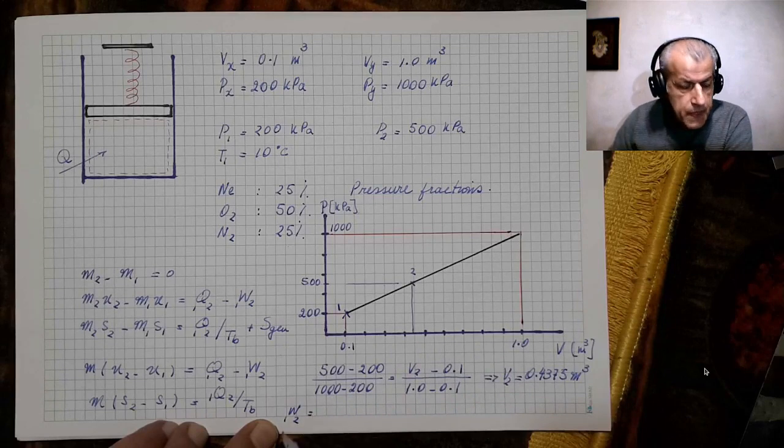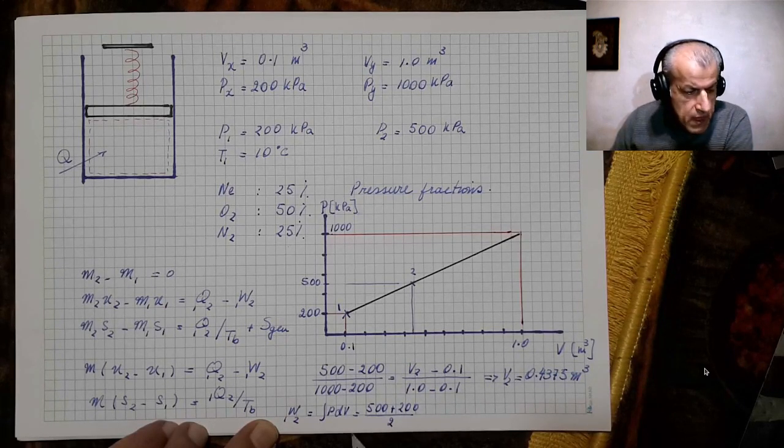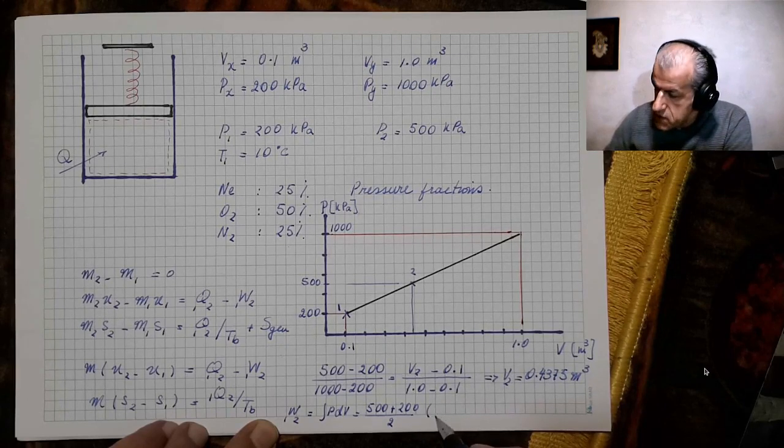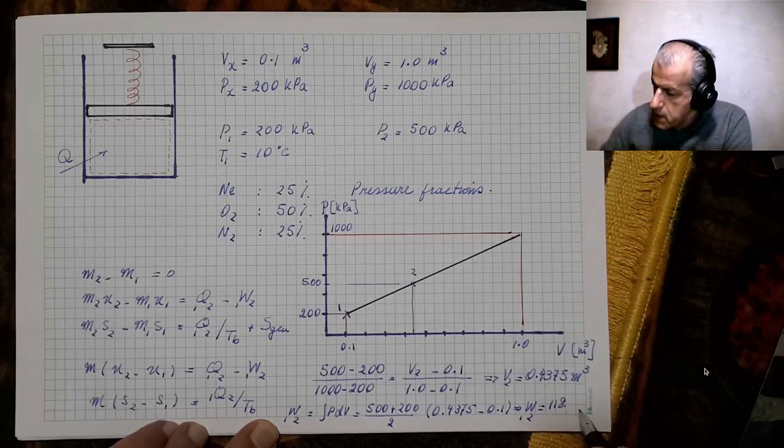W12 would equal, I'm just using the equation integral P dV, and I would use average pressure here, which is (500 plus 200) divided by 2, times dV, which is 0.4375 minus 0.1, and the outcome for W12 is 118.125 kilojoule.